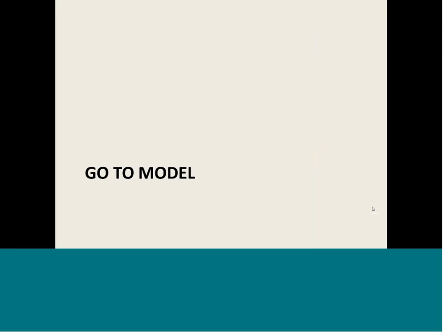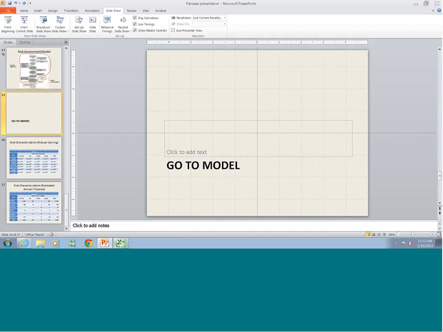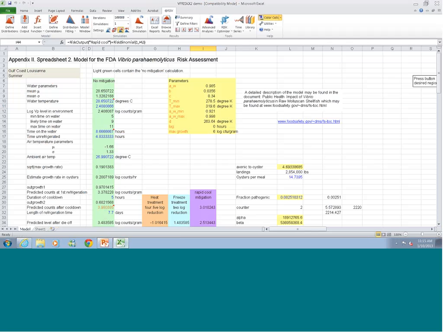So now it's time for us to finally move on to the model. So let me switch on over to here and give you a view of this model, which is the official FDA model for Vibrio parahaemolyticus in raw oysters. So let's just get oriented to the model first.